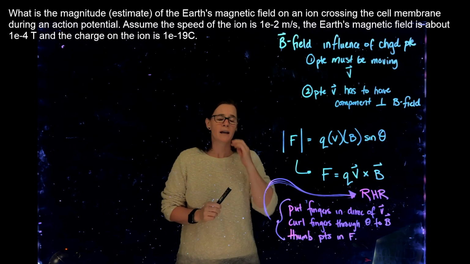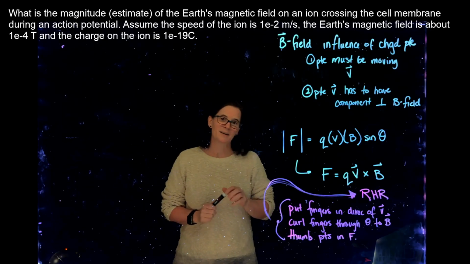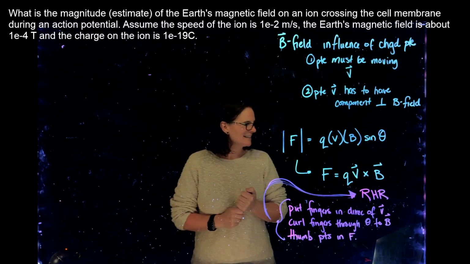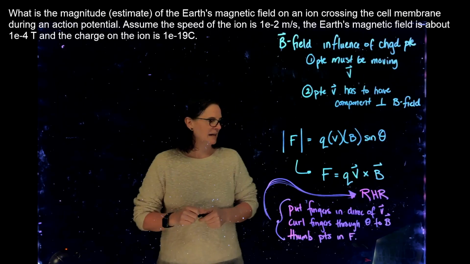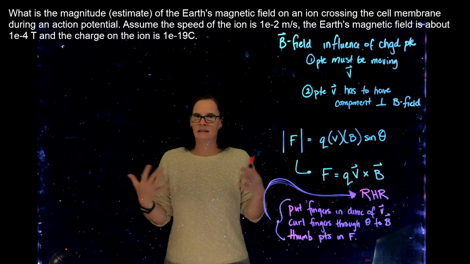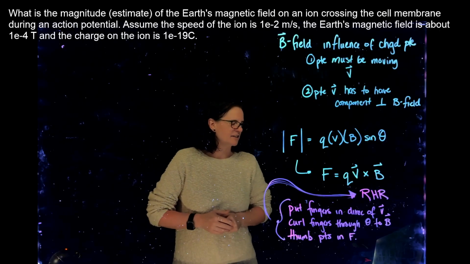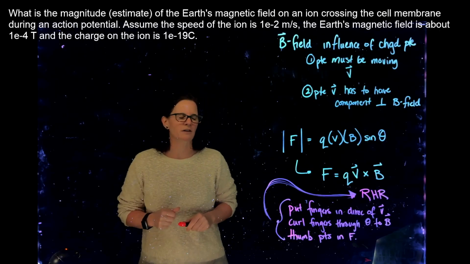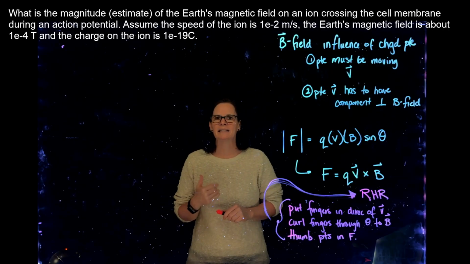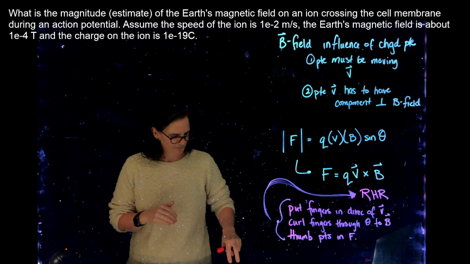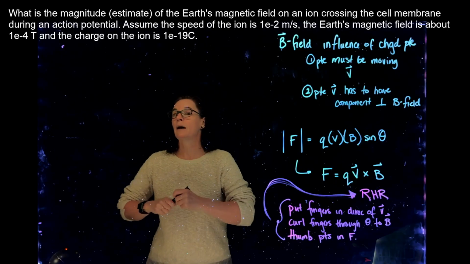Assume the speed of the ion is 1 times 10 to the minus 2 meters per second. We're going to estimate the Earth's magnetic field at about 10 to the minus 4 Tesla, and the charge on that ion is similar to the charge on an electron, about 10 to the minus 19 Coulomb.